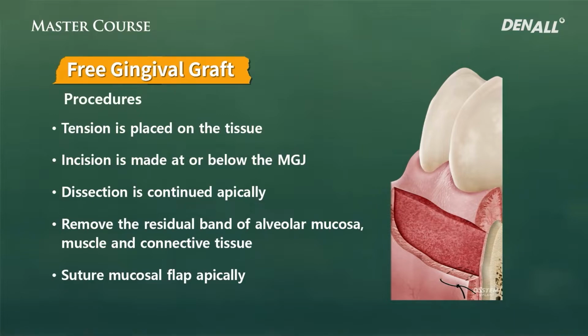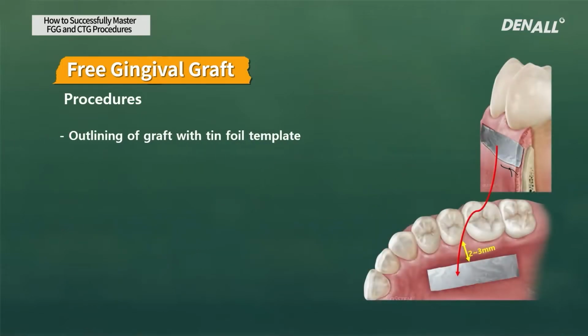After that, you need to make a donor site on the palate side. The size should be made considering the size of the recipient site. You need to measure the size of the recipient site using tin foil, outlining the graft, and you approach the palate side to get the free gingival graft.